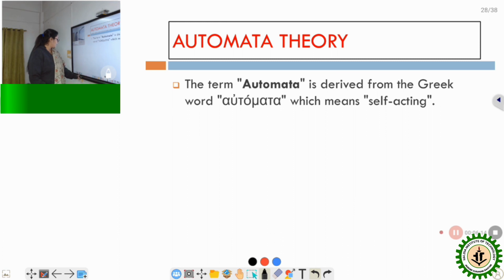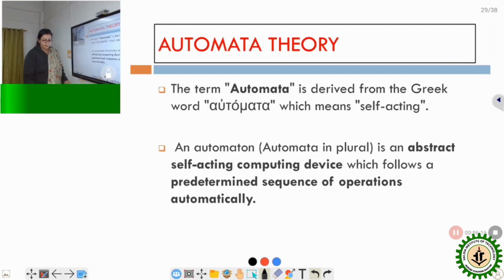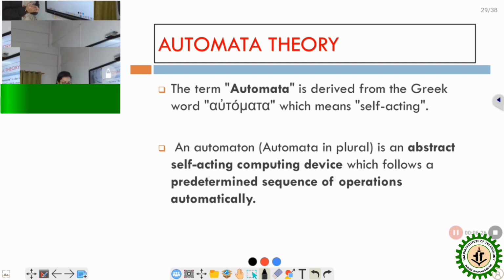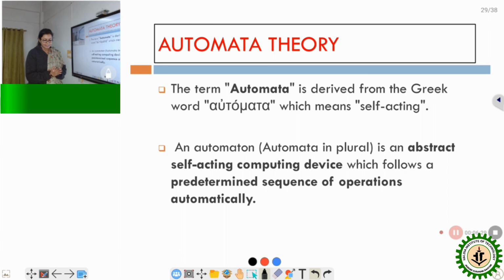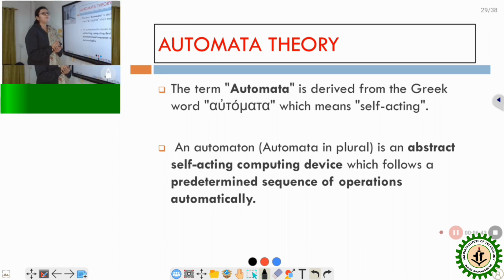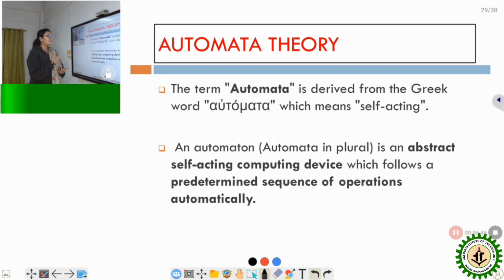Now, in our subject, the term automaton refers to an abstract self-acting computing device that autonomously executes a predetermined sequence of operations. That means an automaton is a self-acting computing device which follows a predetermined sequence of operations automatically.